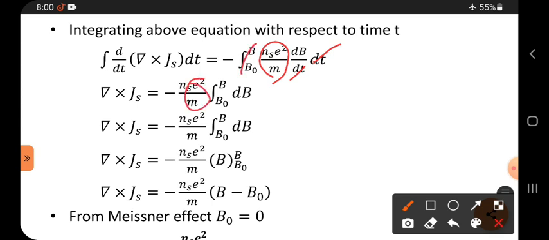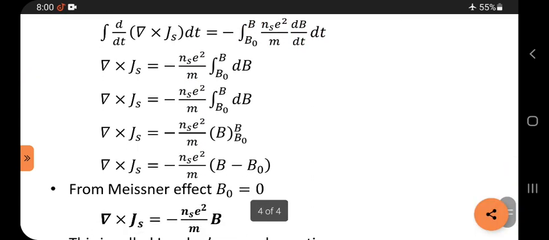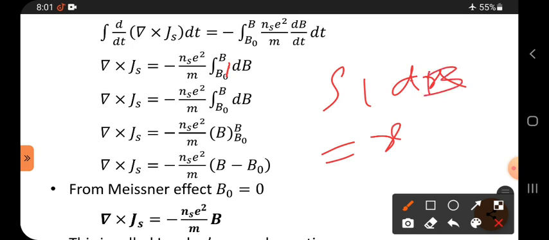Then integration and db remain there. Integration of 1 with respect to dx we write simply x, but here in the place of x you have b. So integration of 1 with respect to b we write simply b.